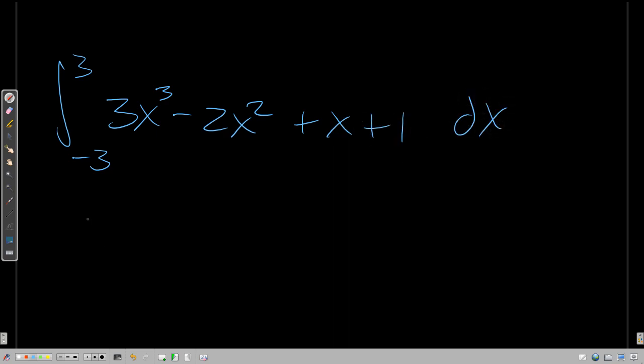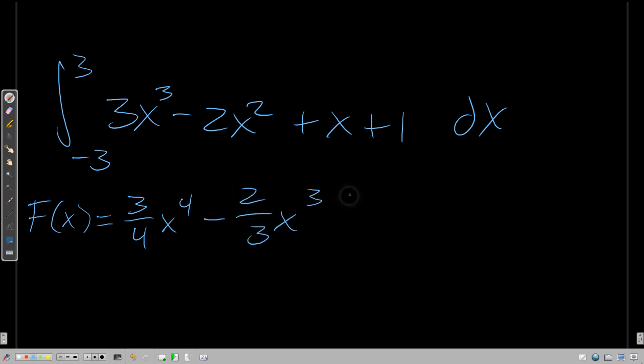Then capital F of x is 3/4 x to the 4th minus 2/3 x cubed plus 1/2 x squared plus x. And we don't need the plus c in this case. When we're doing the fundamental theorem of calculus, we don't need the plus c because it would just cancel out.